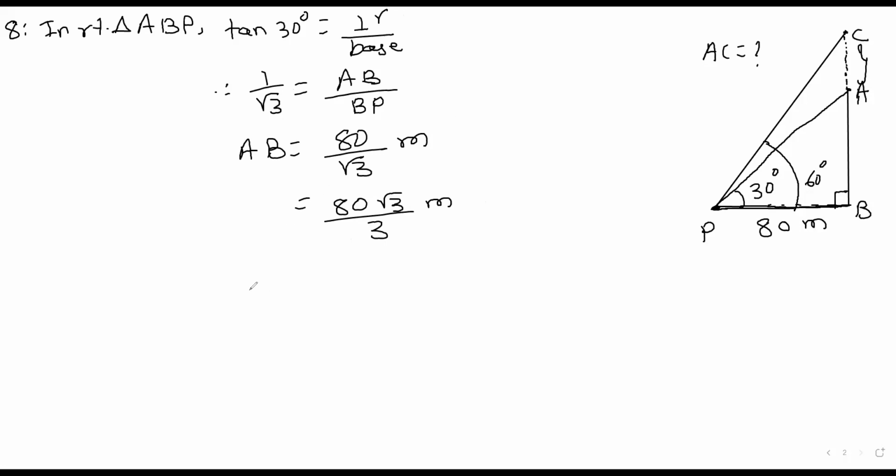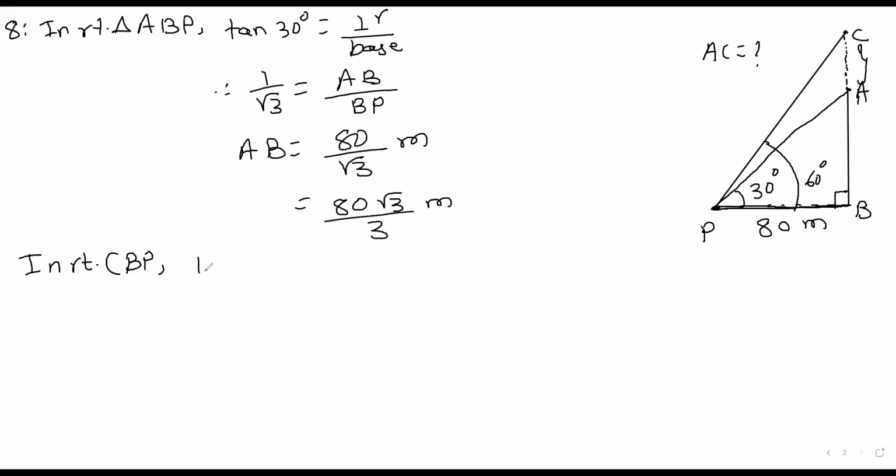Okay, so what do you get now? In right triangle, larger right triangle, in right triangle CBP, barabar? What do you get?